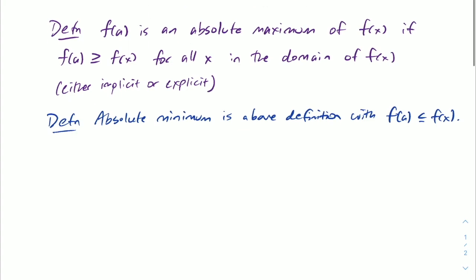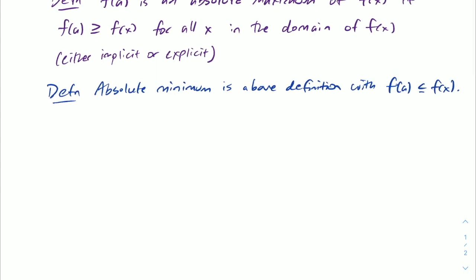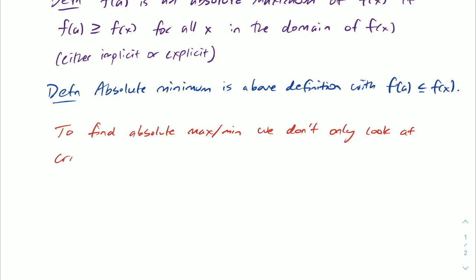Okay, so let's talk about maximizing or minimizing functions. To find these absolute maxes or mins, we don't only look at the critical points like we did with local maxes and local mins.